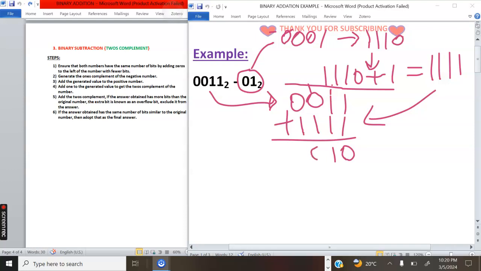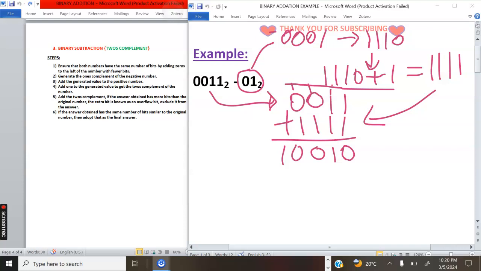You write 0 and carry that other one above, where we have 1 plus 0 plus 1, which is equivalent to 1 0. Then you write it as 1 0. So our answer is 1 0 0 1 0. After adding 0 0 1 1 plus 1 1 1 1, you get 1 0 0 1 0.